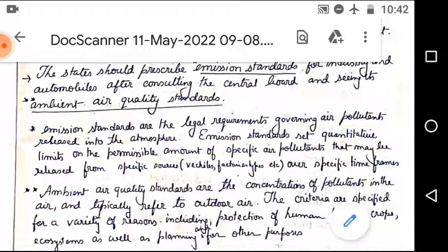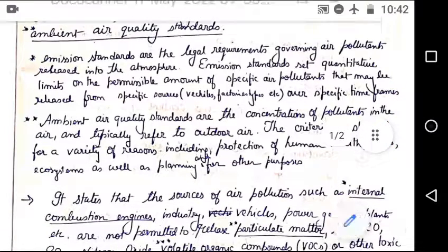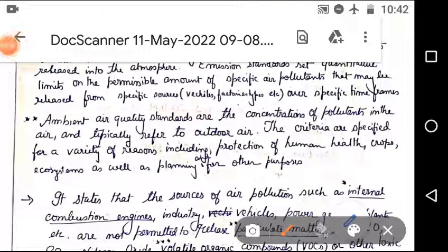Ambient air quality, I have mentioned already. I said that the states prescribe emission standards for industry and automobiles after consulting the central board and seeing its ambient air quality standard. So what is ambient air quality? Ambient air quality standards are the concentration of pollutants in the air, referred to as outdoor air.